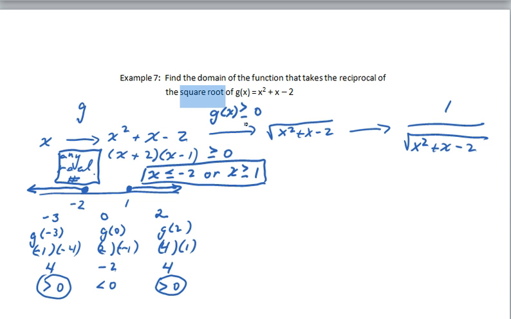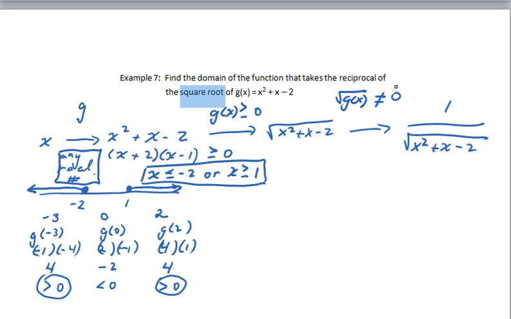But now in the last step, we know that the square root of g of x cannot be 0 because of the domain of a reciprocal function not including 0.